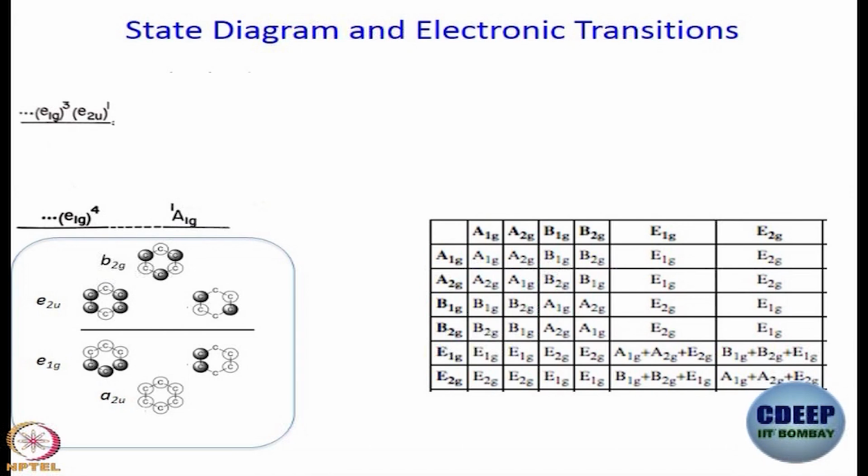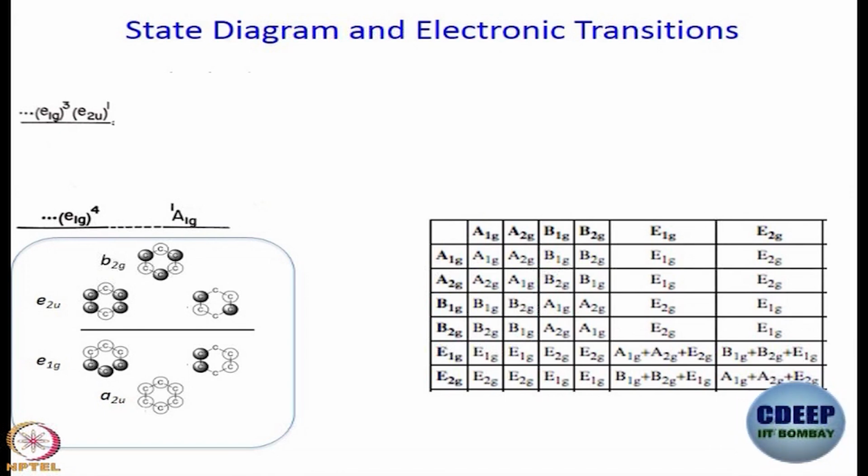Direct product of E1 and E2, neglecting G and U for now, is B1 plus B2 plus E1, and since I am doing G cross U, E1G cross E2U, instead of G I will have U here, right, 1 into minus 1 is minus 1. So, that direct product gives me B1U plus B2U plus E1U.